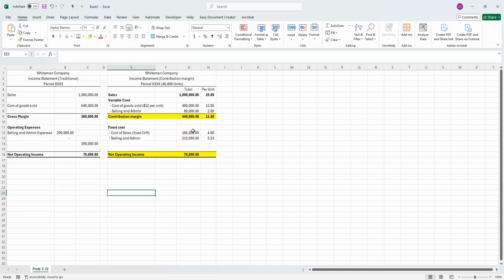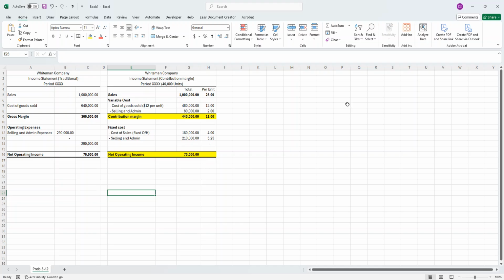It helps the company for budgeting purposes and to expand operations, and also to predict if something goes wrong in the economy, and to look at the target sales they have to reach to cover the fixed cost and get the minimum profit the company wants. These statements come in handy for that analysis.